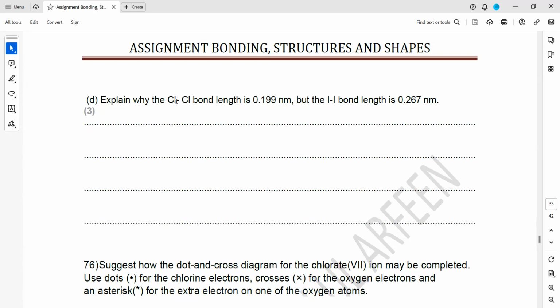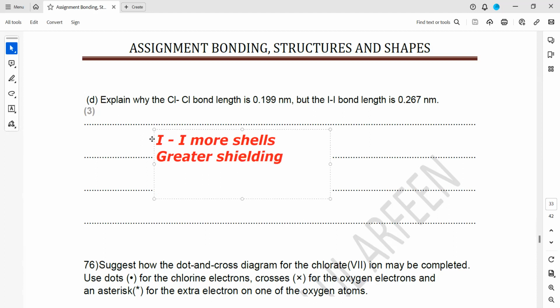So in iodine, more shells. When we have more shells, there will be greater shielding. As a result, there will be a weak attraction to the bonded electrons.